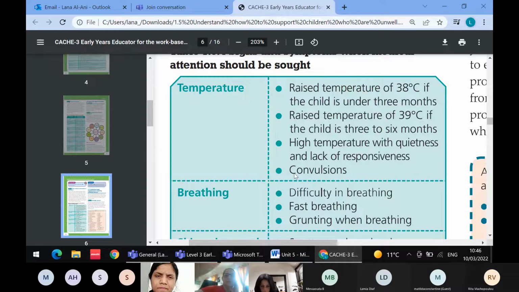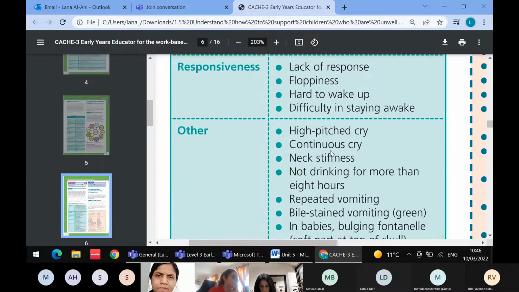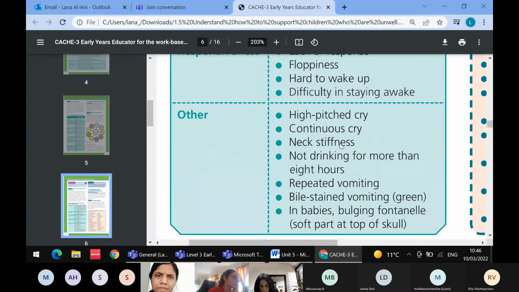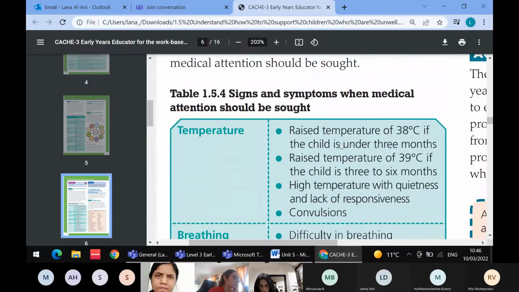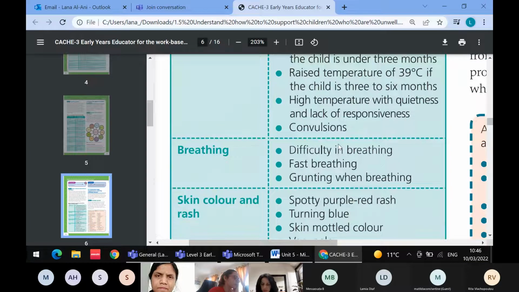Very good, excellent. If they have vomiting and we see bleeding in the vomit, and it doesn't stop for a while, then we have to seek medical attention.